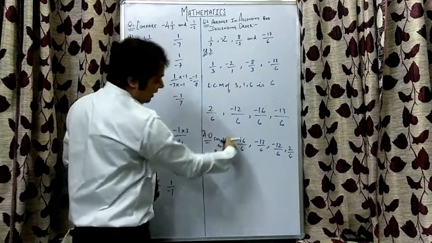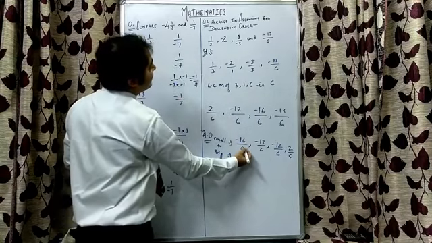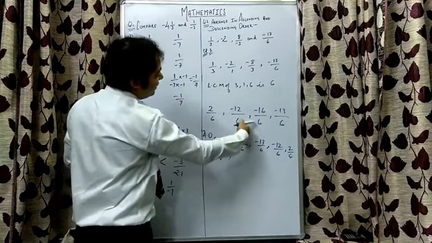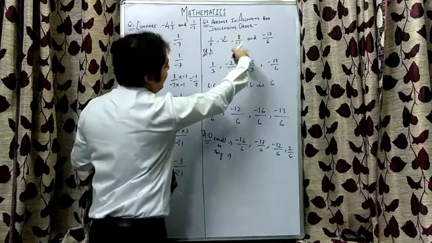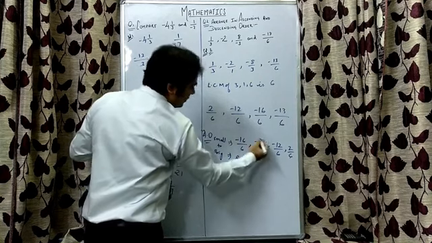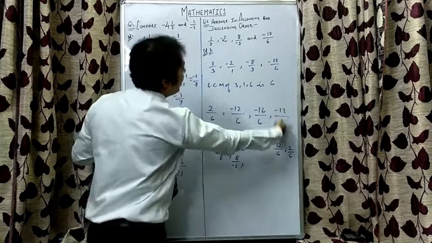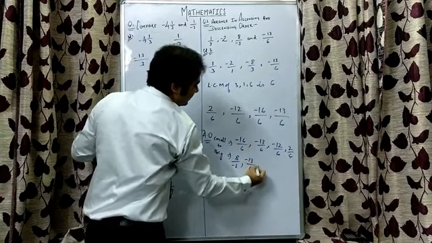Therefore, minus 16 by 6 is the first one. Minus 16 by 6 was the third rational number, so third was 8 by minus 3. Minus 13 by 6 was the last one, so the last one is minus 13 by 6 as it is.